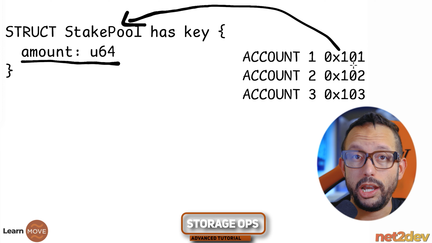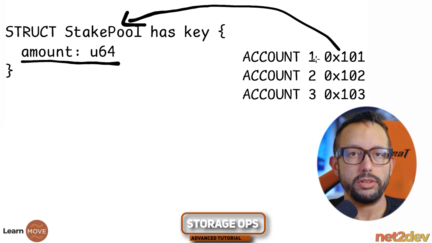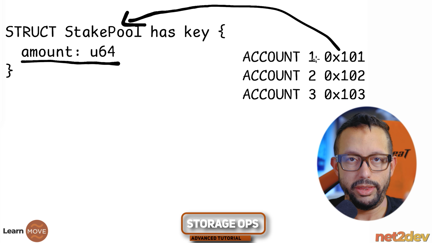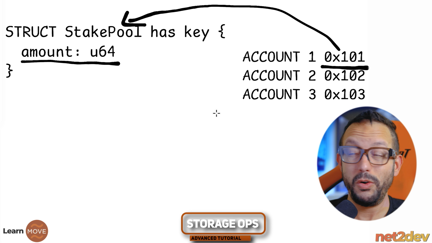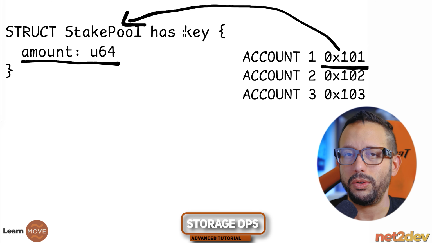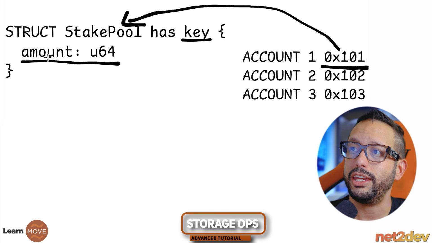If account 1 calls a function to stake and it passes an amount of tokens, we will obtain the amount of tokens when we execute that function. When that user executes the function, we will pass those values referencing this account ID. So we know that account 1 staked 100 tokens. Why? Because we are now referencing that account address. This will be the key to get to this particular storage, okay?